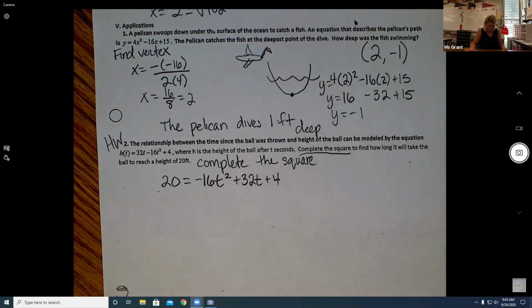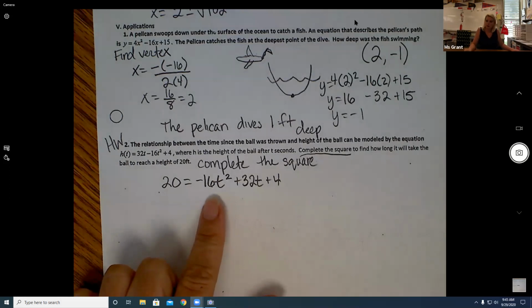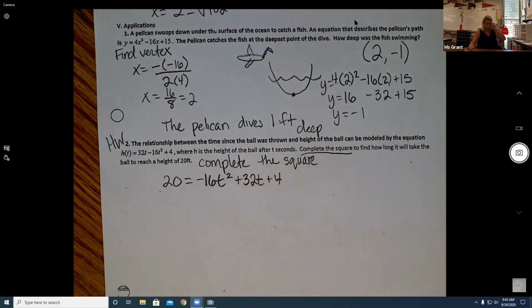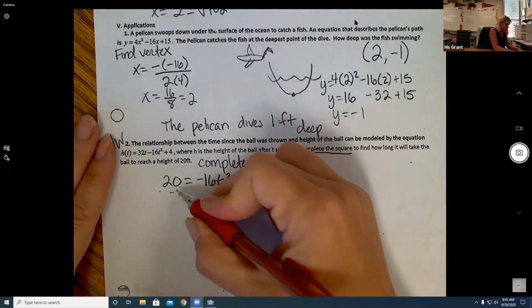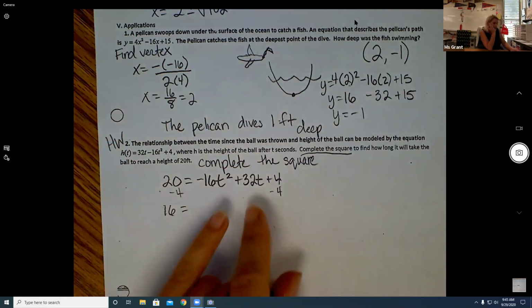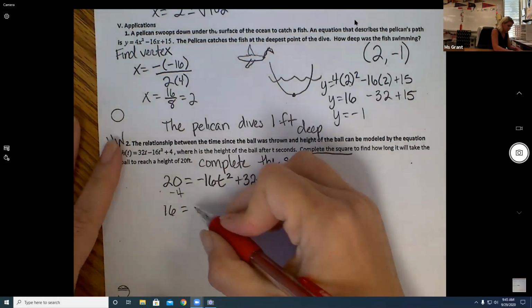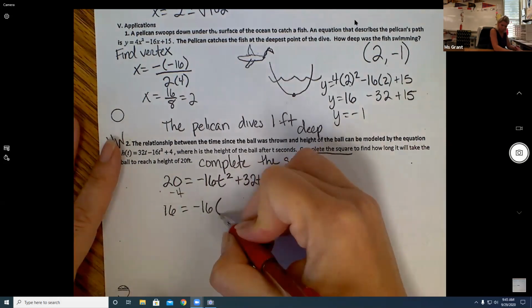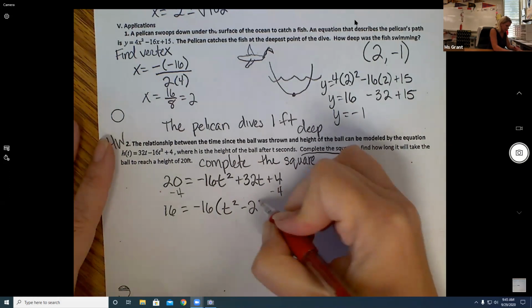All right. You've never completed a square with an a, so I actually need to help you start it. Move the c over. Now, because this has an a, negative 16, we need to factor that out, and I'm going to get t squared minus 2t.